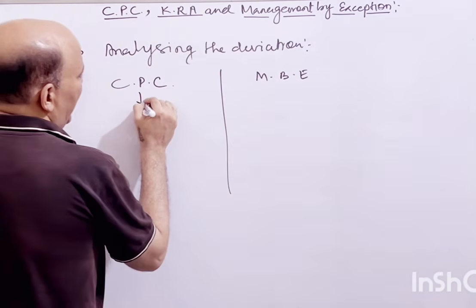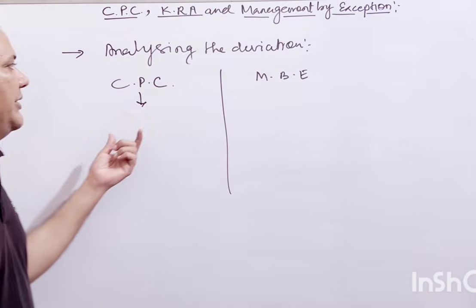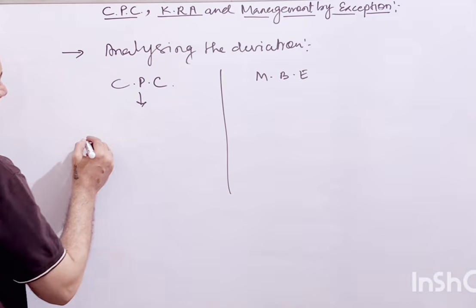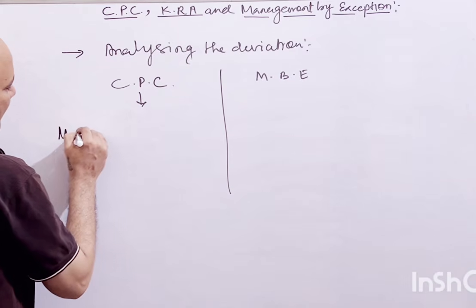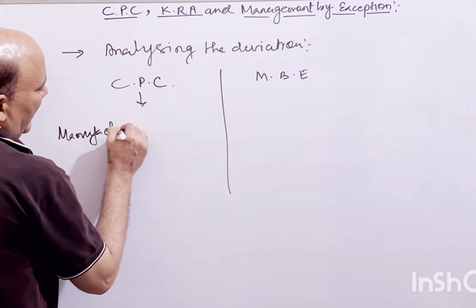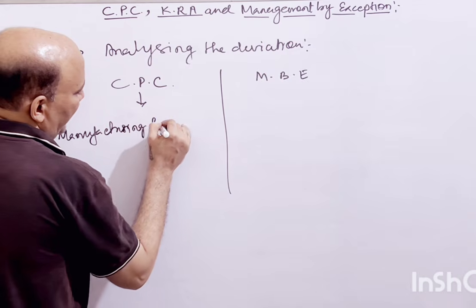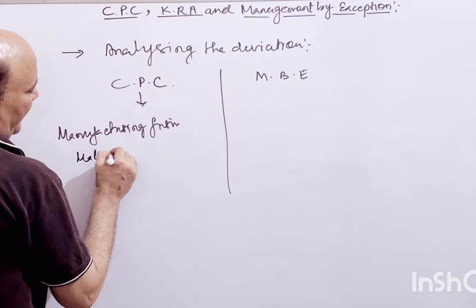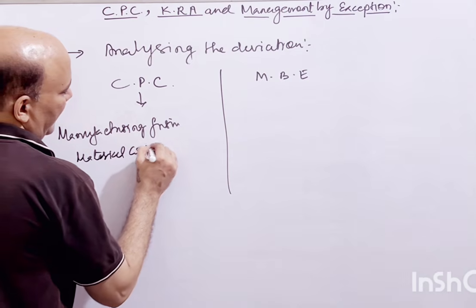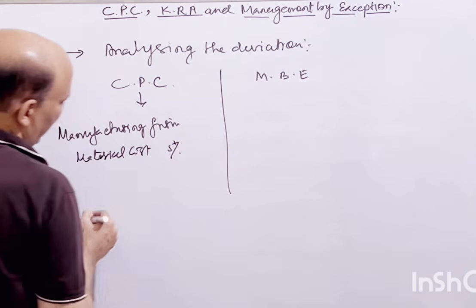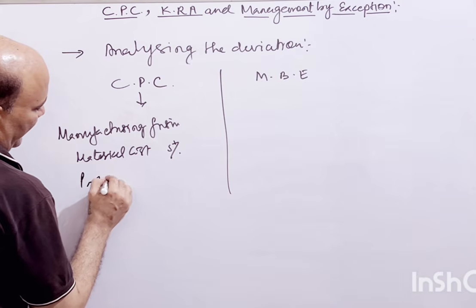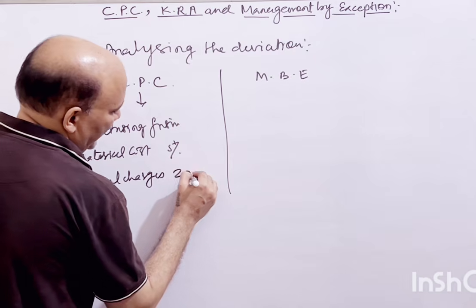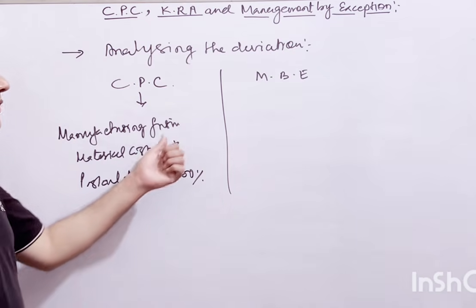Now by CPC we mean finding out the critical point to be controlled, right? Let's take the example of a manufacturing firm. In a manufacturing firm, if material cost increases by 5% and let's say postal charges increase by 200%, what are they going to control?